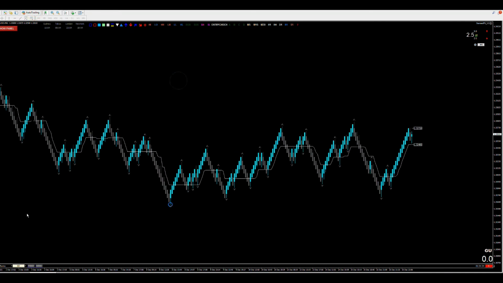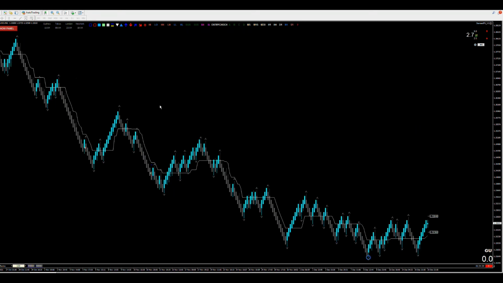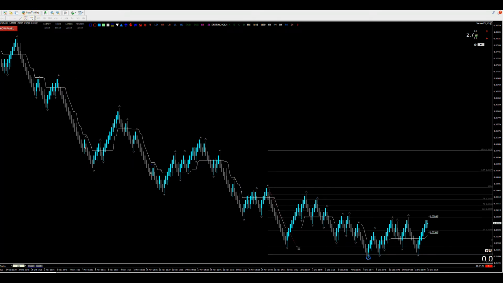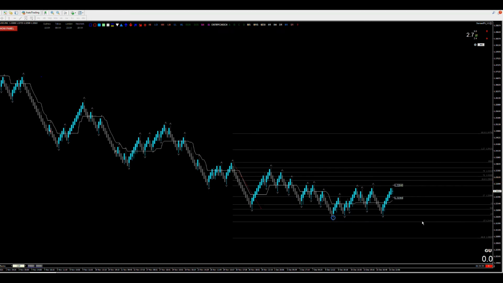Okay, so I still think we may come down because of this fib retracement right here. This retracement came up into the 88.6 and we stopped at a 113. So I have a feeling we're going to come back up into this area and then come down to a 27%, and then that's going to be at 27.